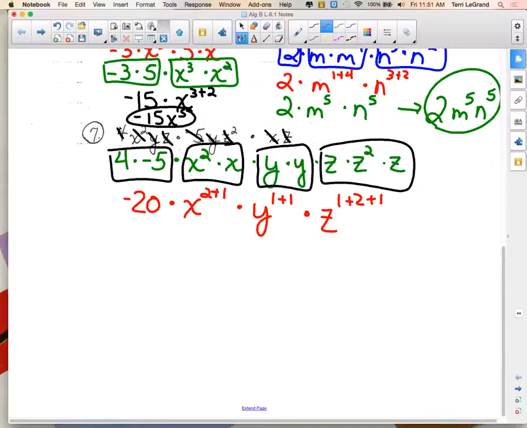So we're eventually not going to have to show that. It's going to get so ingrained. But every time we write it out today like this, we're making our brains say, this is what I do when I'm multiplying powers with the same base. Okay, Cody? Can I get the answer? Negative 20x to the third power, y to the second, z to the fourth.